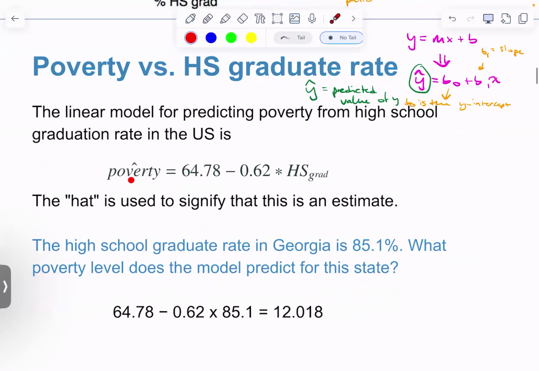We can replace the x's and y's with the variable names if that helps. So poverty hat is the predicted percent in poverty, and x is the percentage of high school grads.